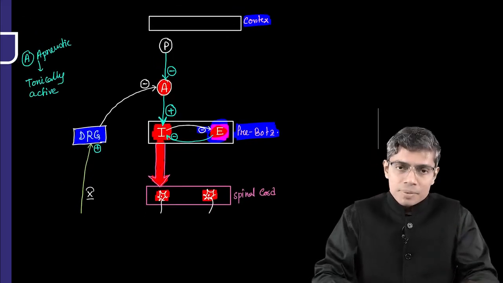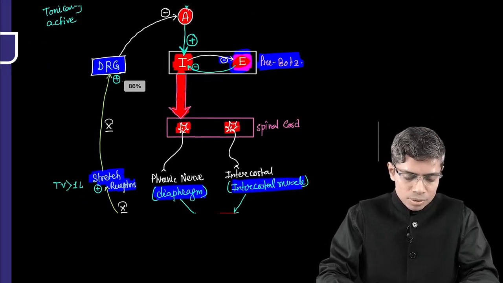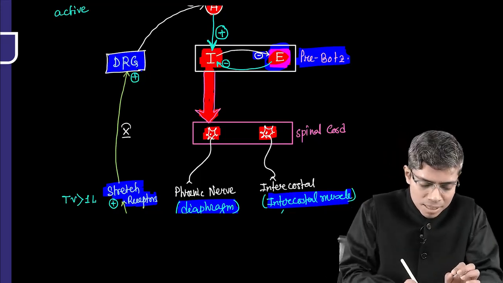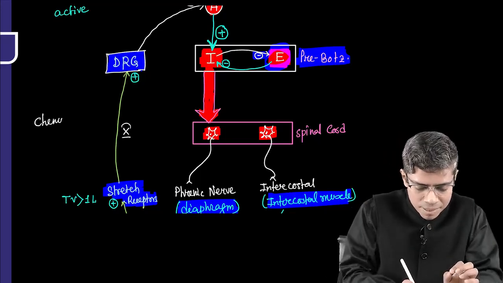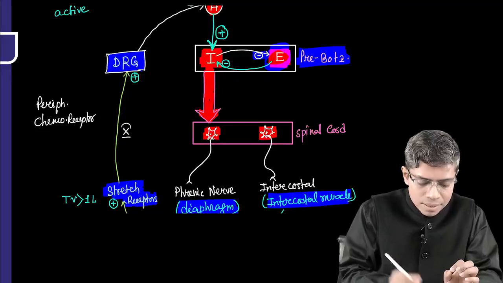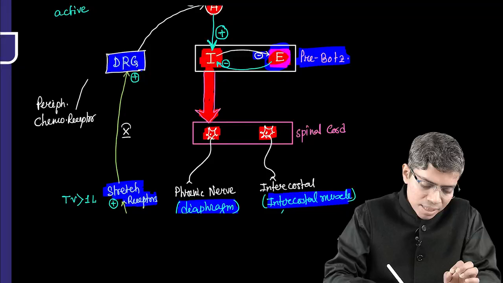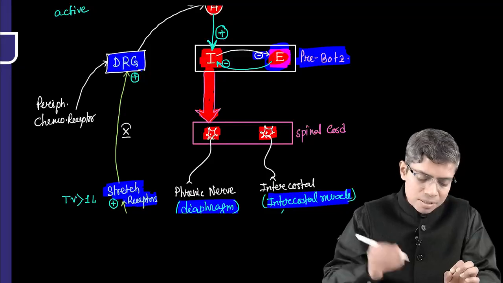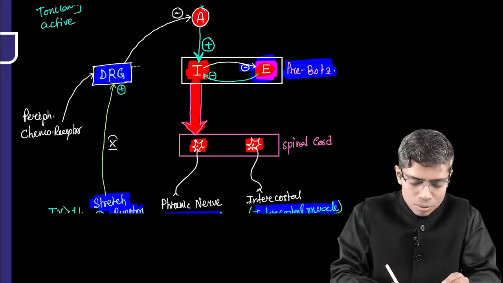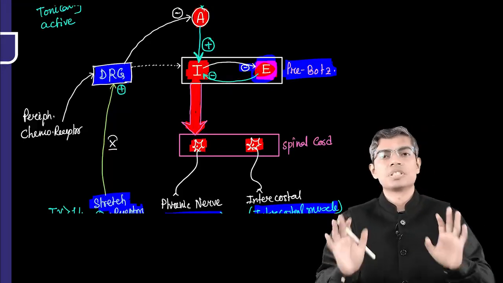Now, apart from the stretch receptor of the lung, we have discussed that chemical regulation of respiration is done by chemoreceptors. Particularly the peripheral chemoreceptors are also giving their signal at the level of this DRG, and from the DRG the signal will go to the apneustic center as well as the pre-Bötzinger complex.